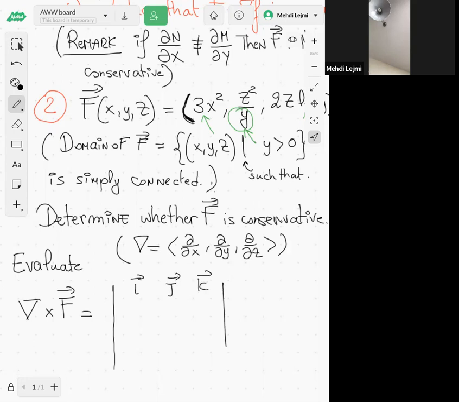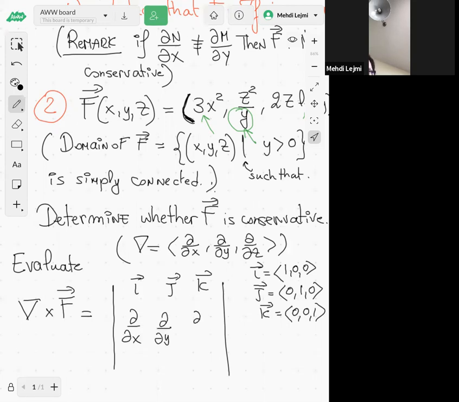Let me remind you, i is the vector 1, 0, 0, j is the vector 0, 1, 0, and k is 0, 0, 1. In the second row, we're going to have the del operator: partial x, partial y, and partial z.